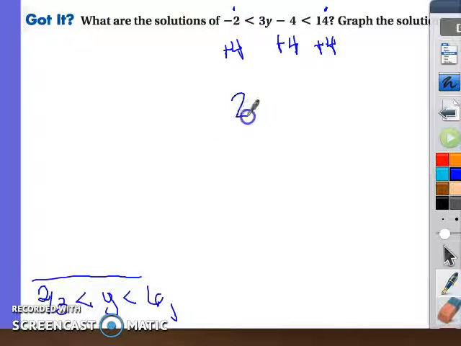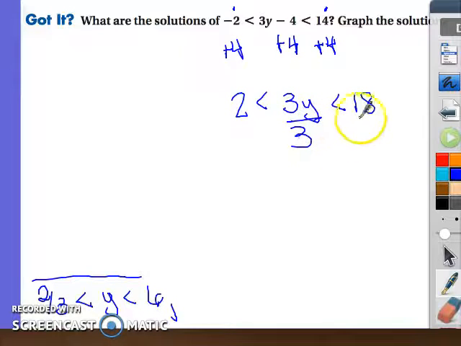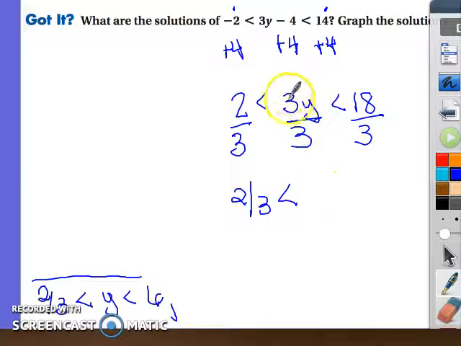Here I would get 2 is less than 3y, which is less than 18, and then I would have to divide by 3 to isolate the variable. And this would just be a shortcut way to do it. Until you're comfortable, I would keep separating them into 2. This would cancel out, y equals 6.